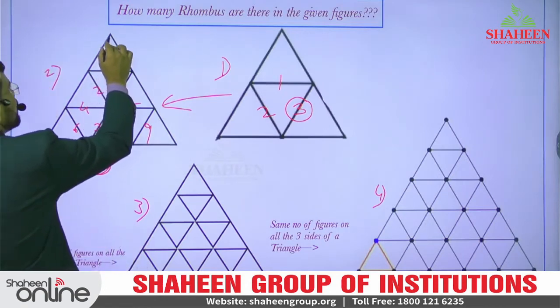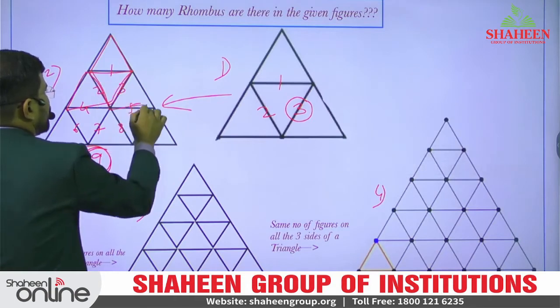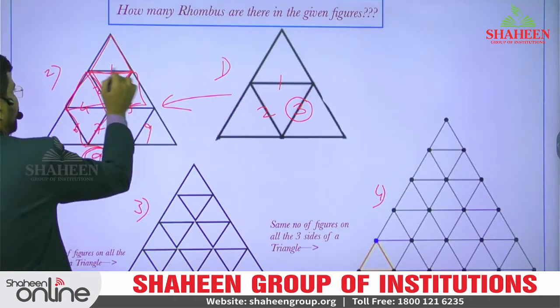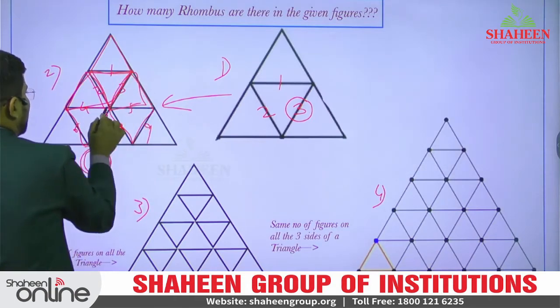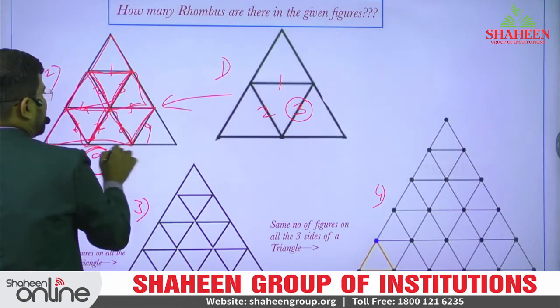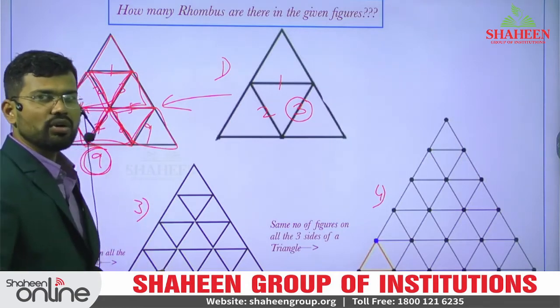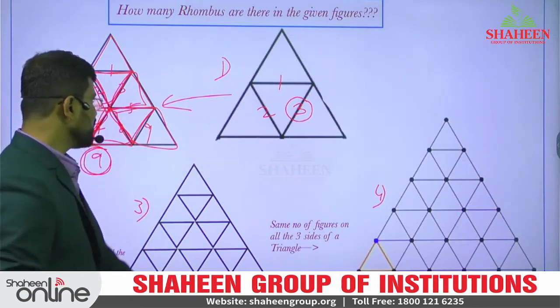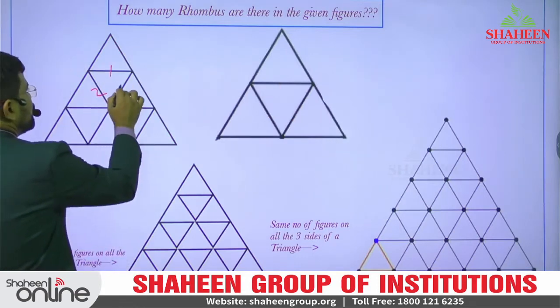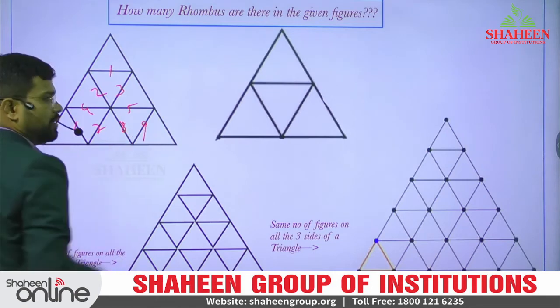Count it here manually: this is 1, 2, 3, 4, 5, 6, 7, 8, and this is 9. Manually I also got 9, and while using this trick I also got 9.